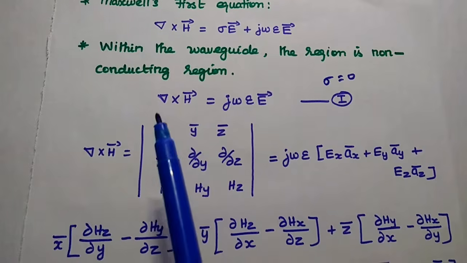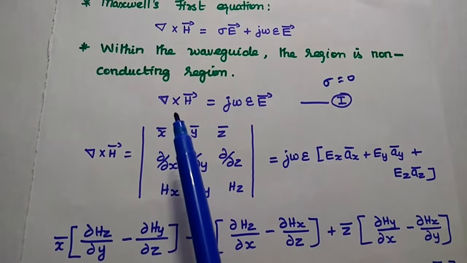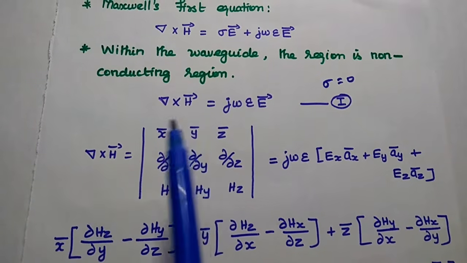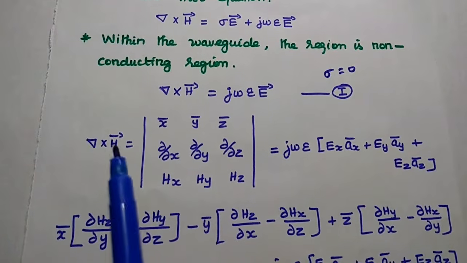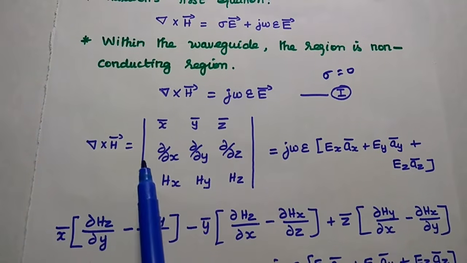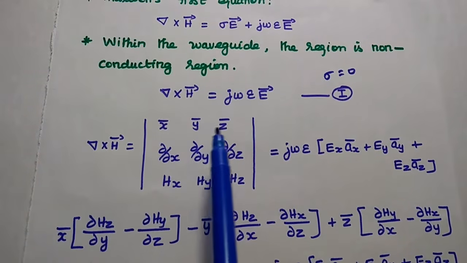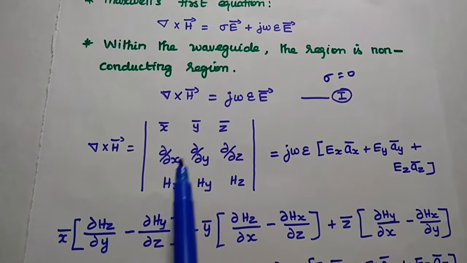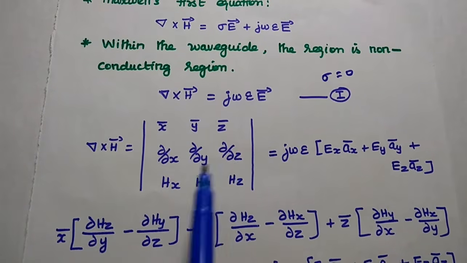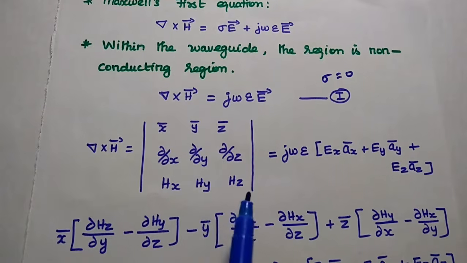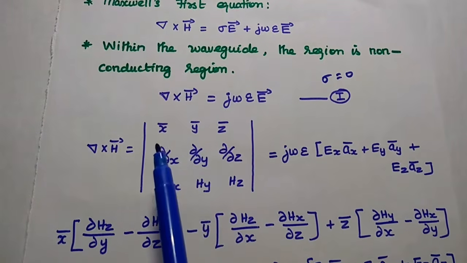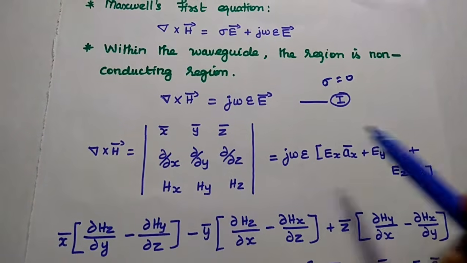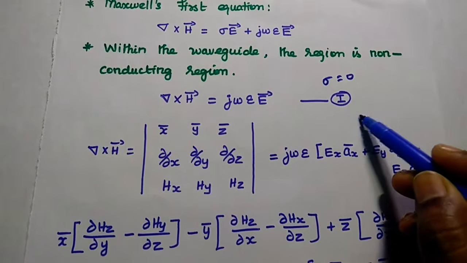As we all know, the curl for this del cross H vector is represented like this. So del cross H vector is equal to the determinant with x bar, y bar, z bar, dou by dou x, dou by dou y, dou by dou z, Hx, Hy and Hz. Here x bar, y bar, z bar represent the directional coefficients.